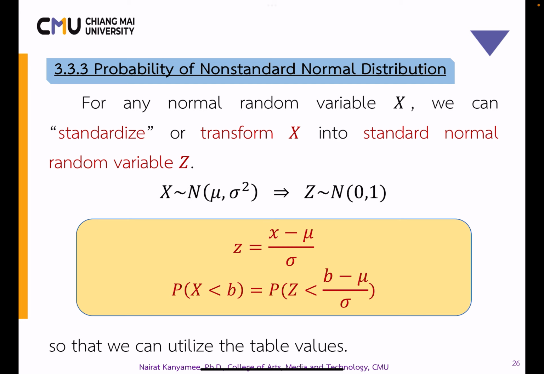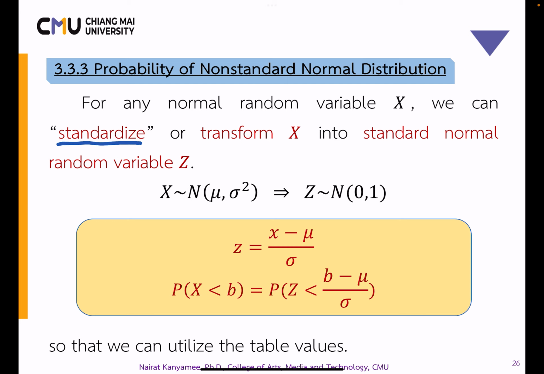The table is provided only for the standard normal distribution. So for any normal random variable X, we can standardize, or transform X into the standard form.